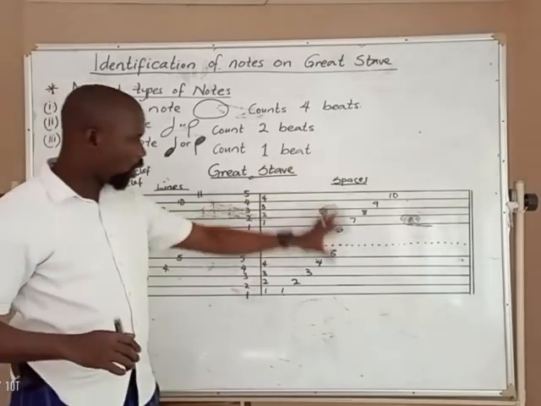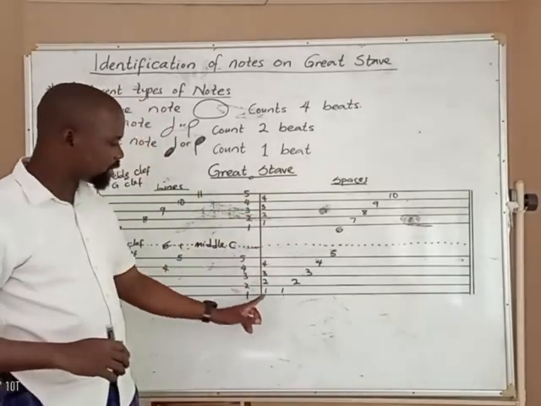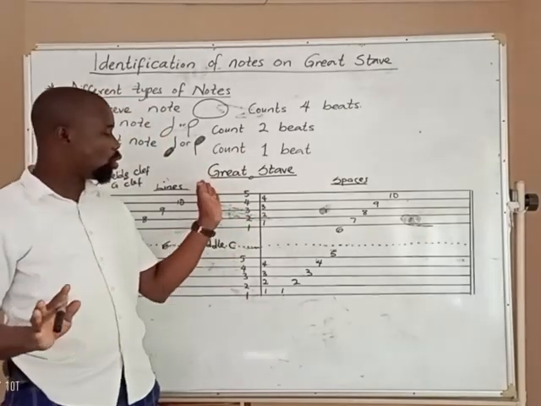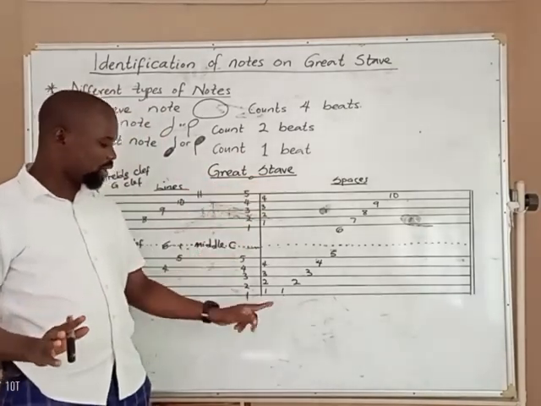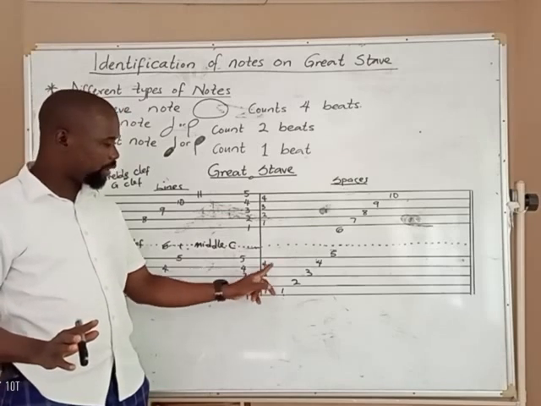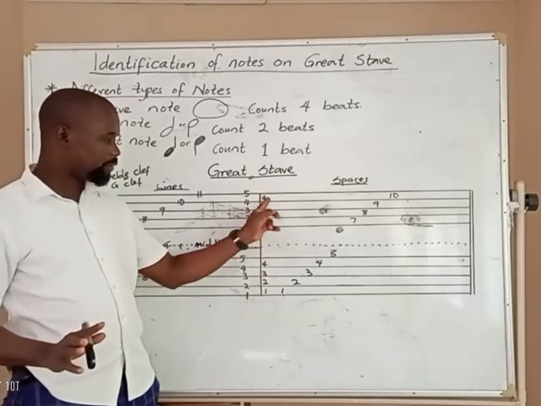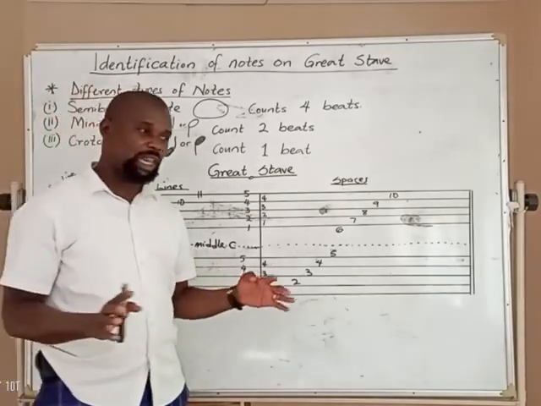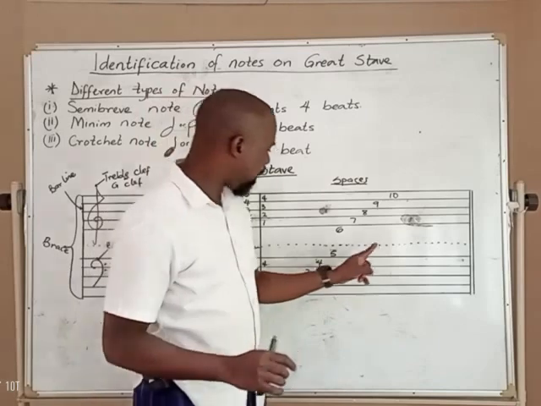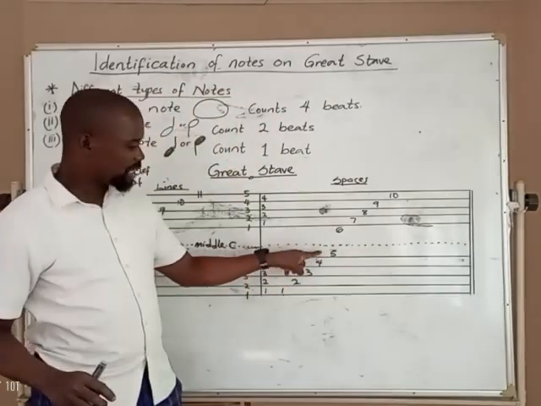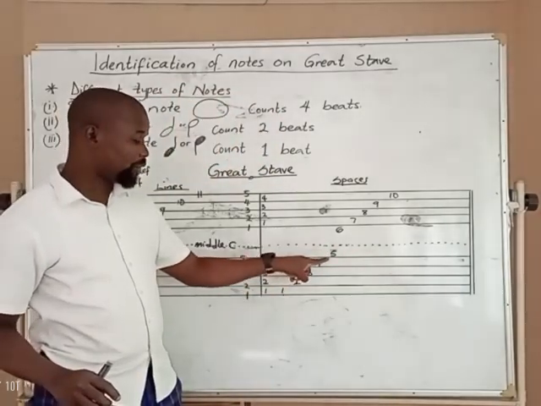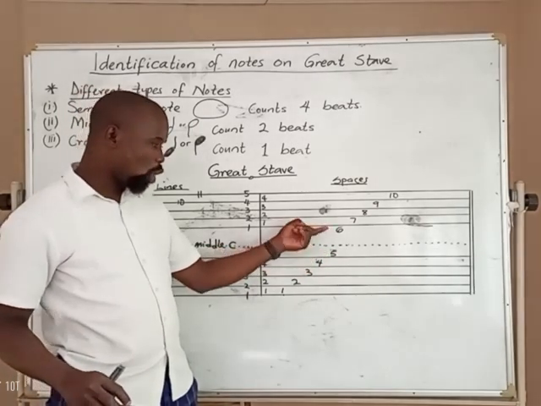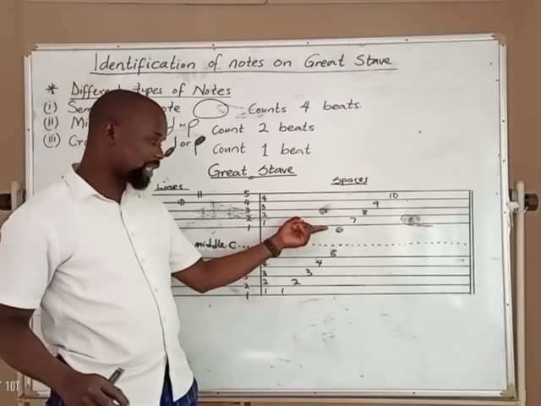Then let's count the spaces. If you wanted to count following the normal sequence, you go by the stave pattern. You have 1, 2, 3, 4. 1, 2, 3, 4. 4 plus 4 gives us 8. But because of the ledger line, we have a space immediately above after the 5th line, which becomes the 5th space, and below before the first line, which is the 6th space.